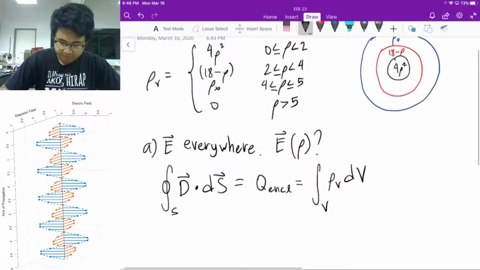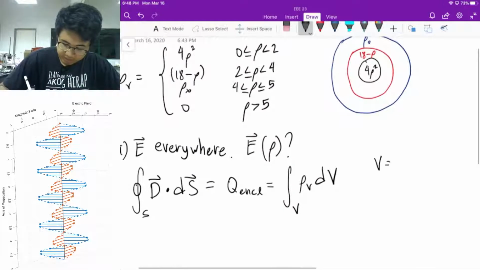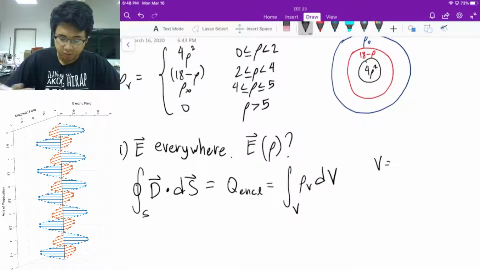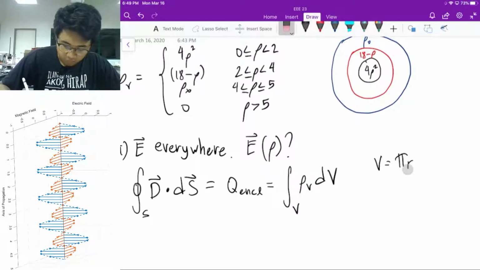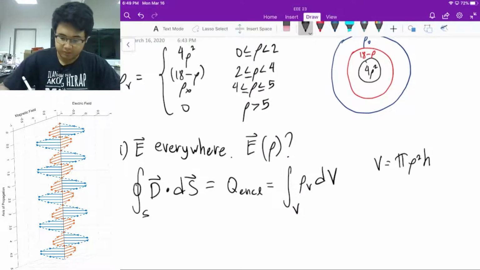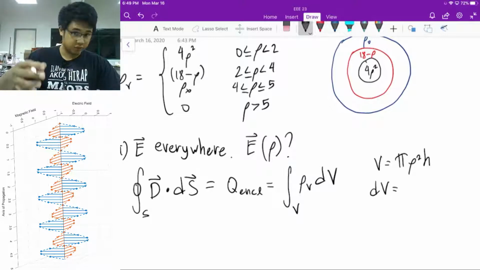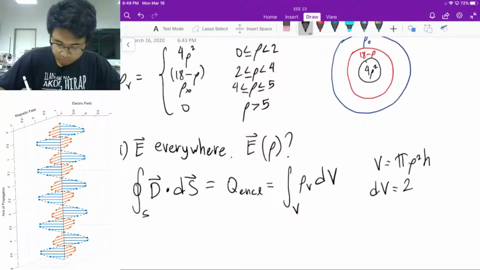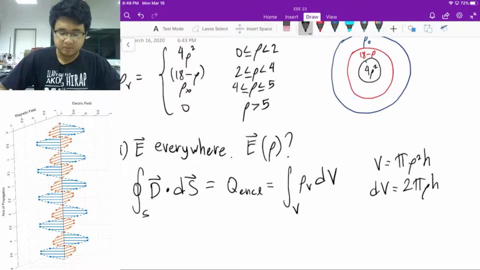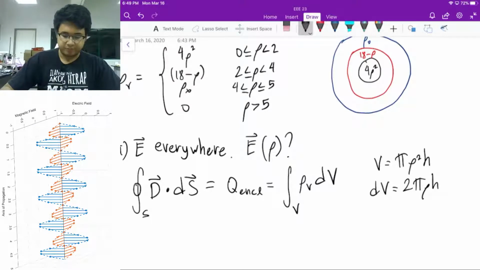So the volume of a cylinder is equal to pi r, sorry, not r, pi ρ squared times h. Okay, so the differential volume, if the volume is a function of ρ, then the differential volume is 2 pi ρ h. Okay.